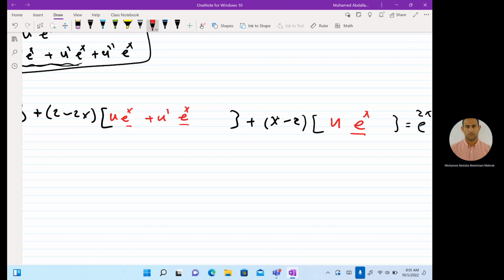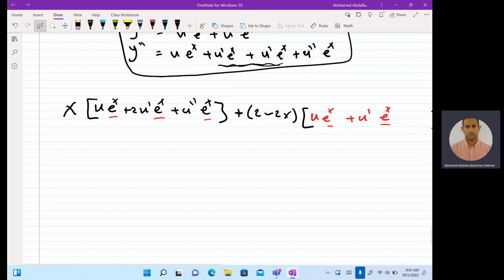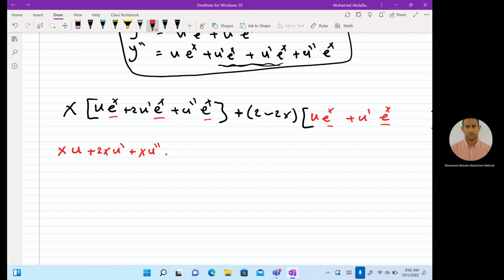So here I can say x u plus 2x u dash plus x u double dash plus, now I need to be a bit careful, 2u plus 2u dash minus 2xu minus 2xu dash, right?